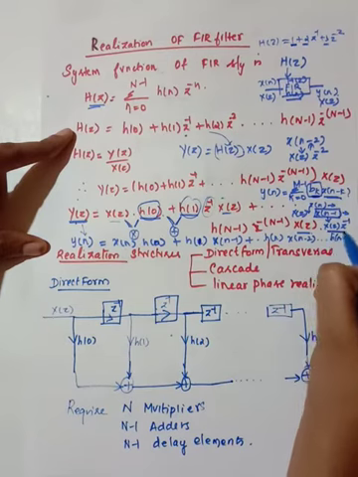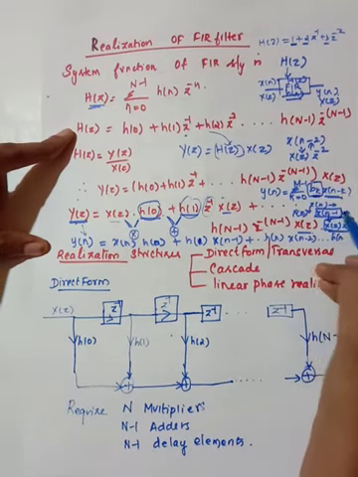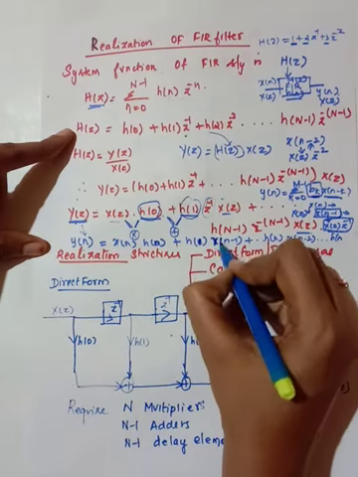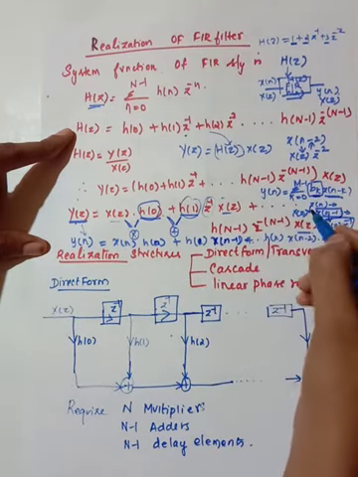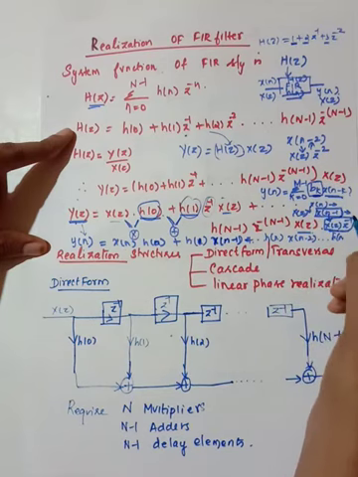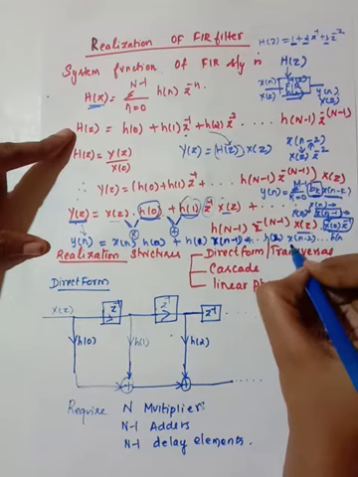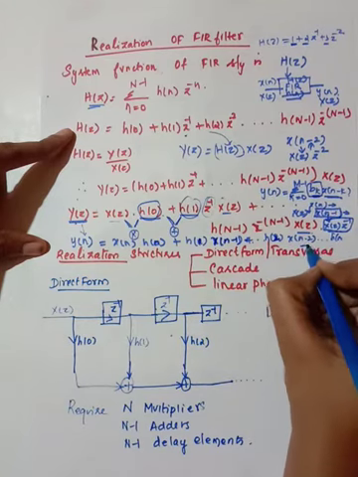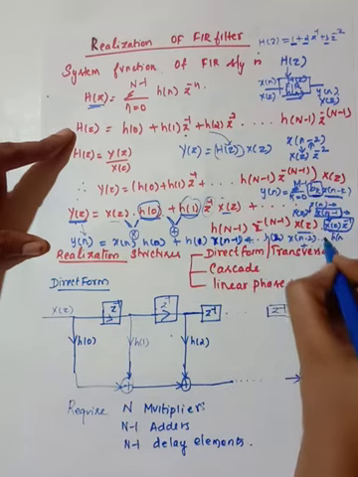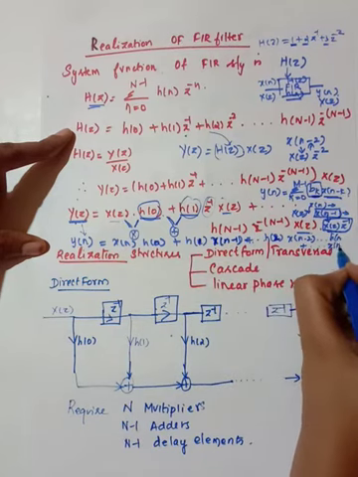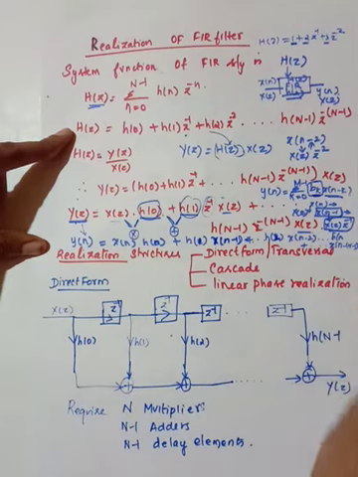Now z inverse into X of z is nothing but x of n minus 1, so you will get h of 1 x of n minus 1. The next term is h of 2 into z power minus 2 into X of z, so you will get h of 2 x of n minus 2. Similarly this extends up to h of n minus 1 times x of n minus 1 delay, up to this delay element.